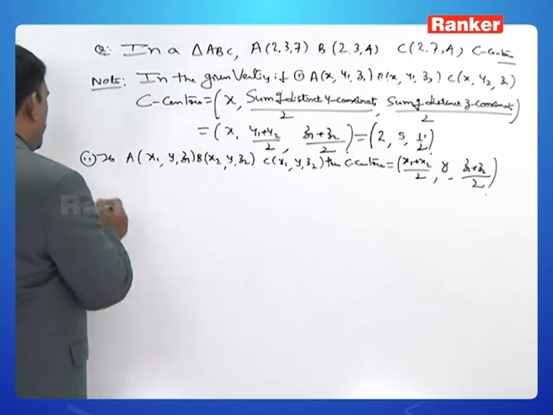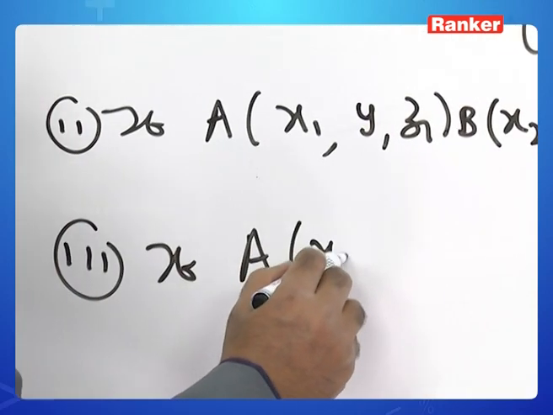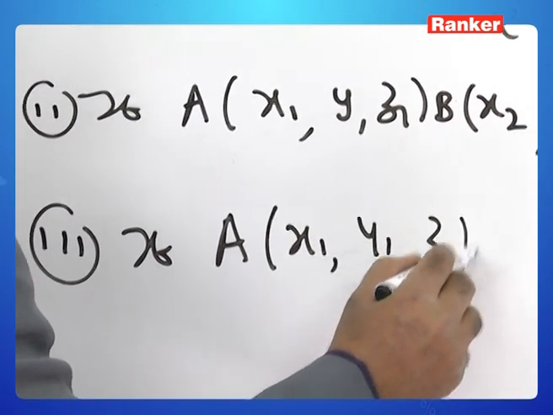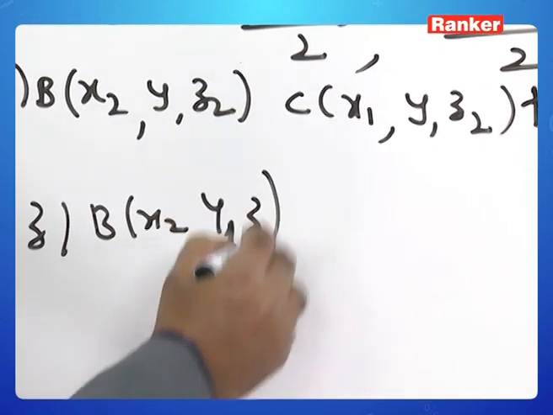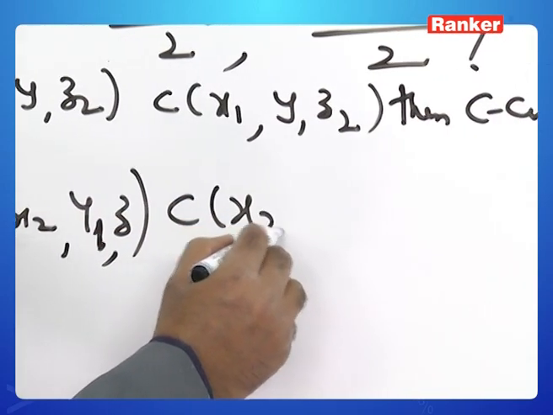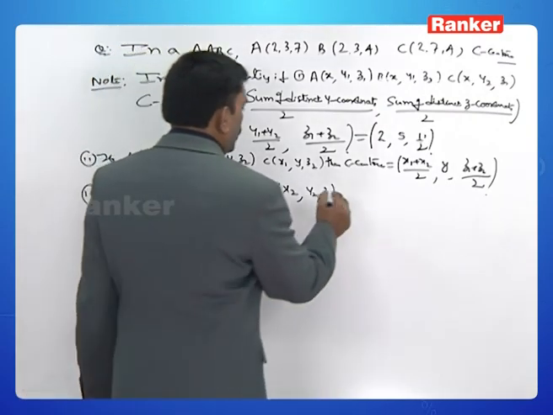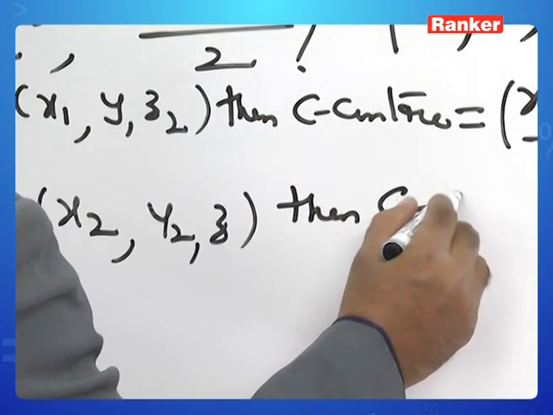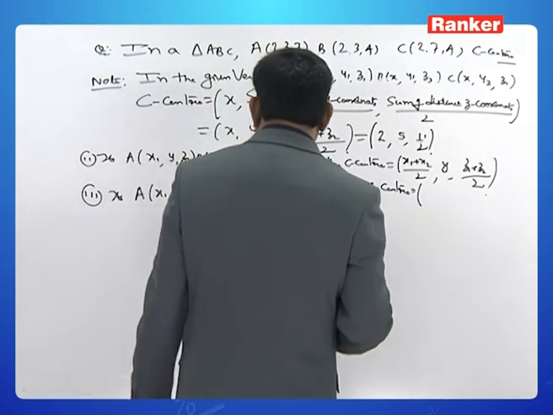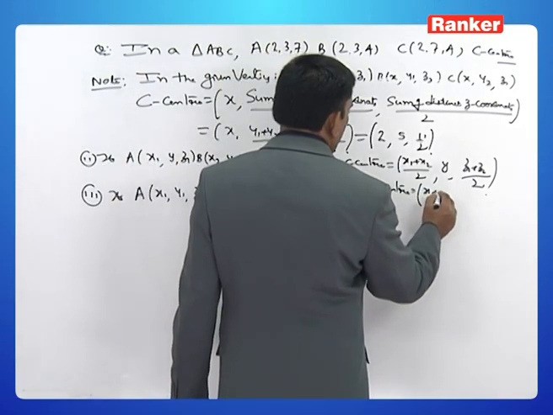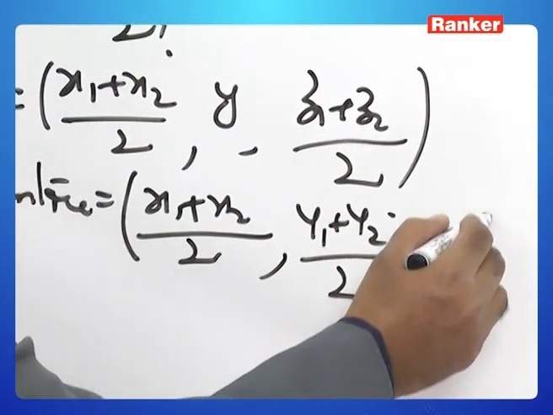Okay, next the case 3: if A is (x1, y1, z) and B is (x2, y1, z), next C is (x2, y2, z). Then the circumcenter is equal to the sum of the distinct x and y coordinates divided by 2: ((x1 + x2)/2, (y1 + y2)/2, z).